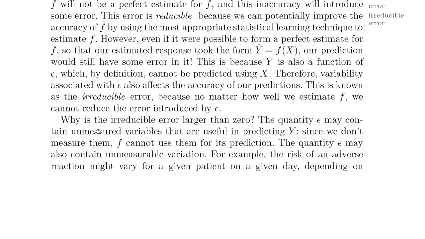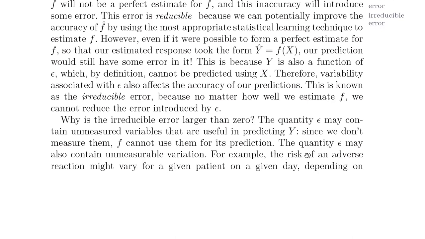The quantity epsilon may contain unmeasured variables that are useful in predicting y. Since we don't measure them, f cannot use them for its prediction. The quantity epsilon may also contain unmeasurable variation.